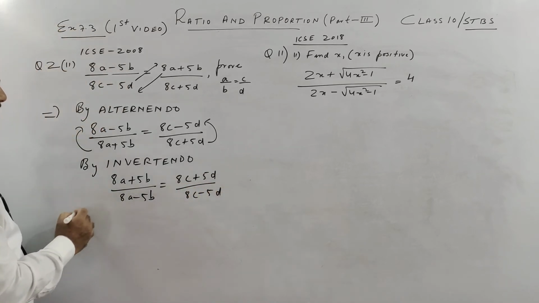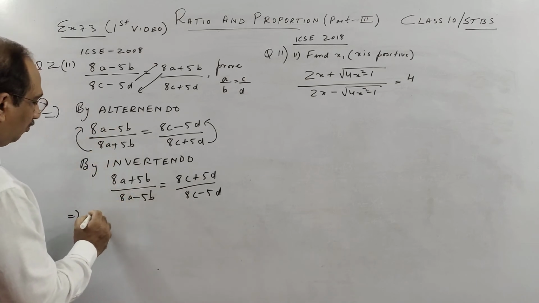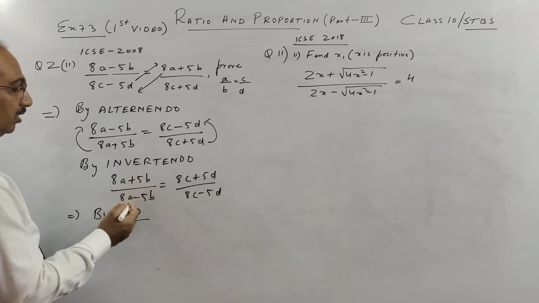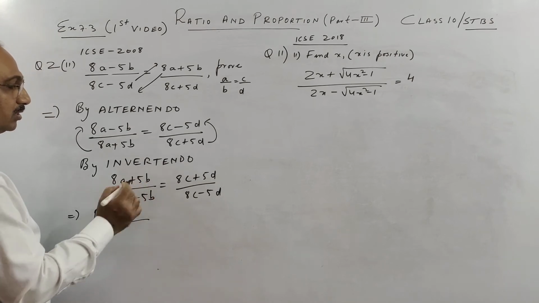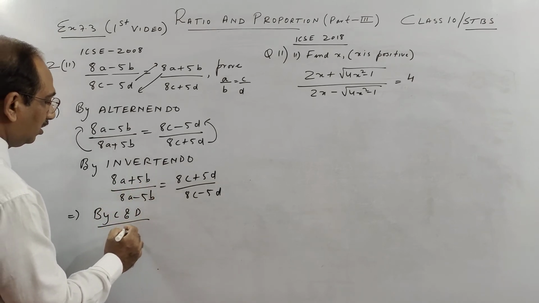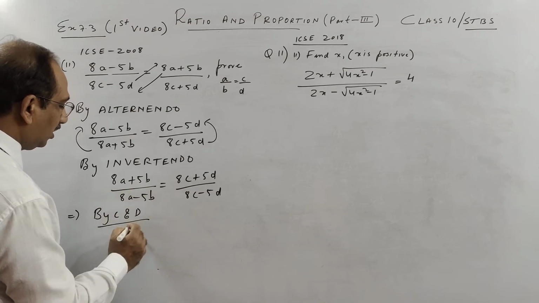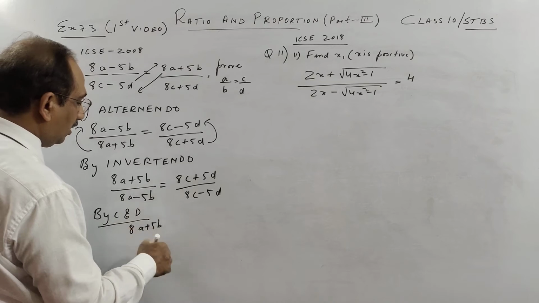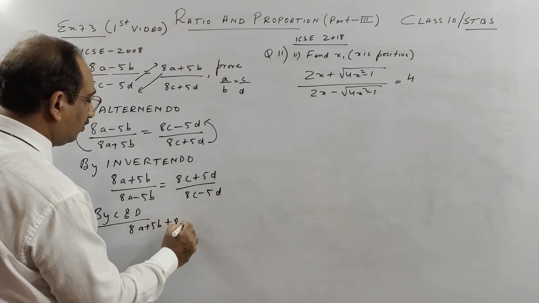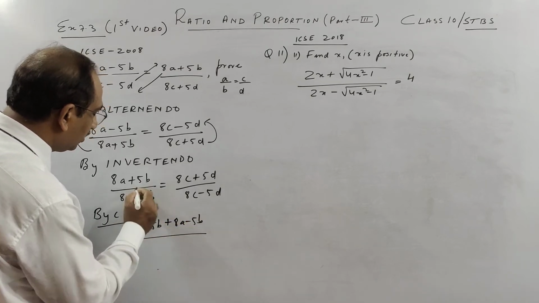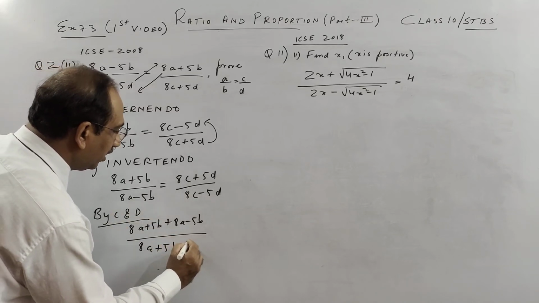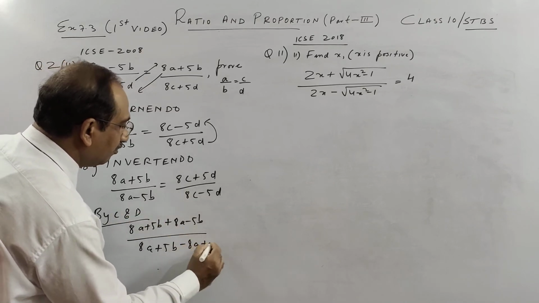Then we will apply, children, componendo and dividendo. I told you in short, this will be twice this by, but you have to show it here. So when I add, you see 8A plus 5B, one step I am skipping, plus 8A minus 5B. When you subtract, children, if you use a bracket, you will see this will become minus and this will become plus.